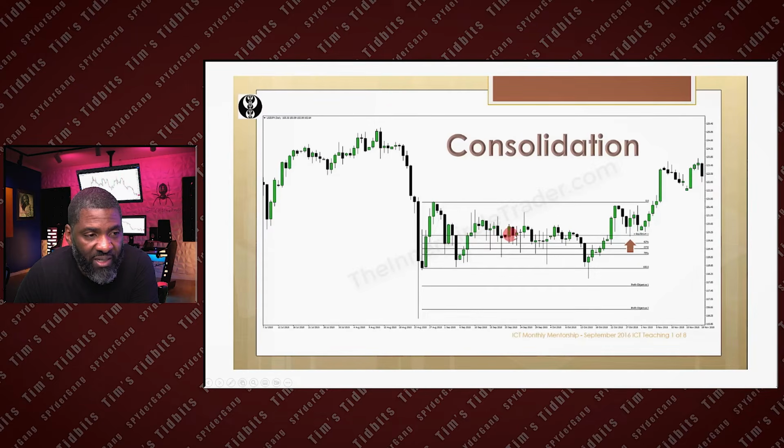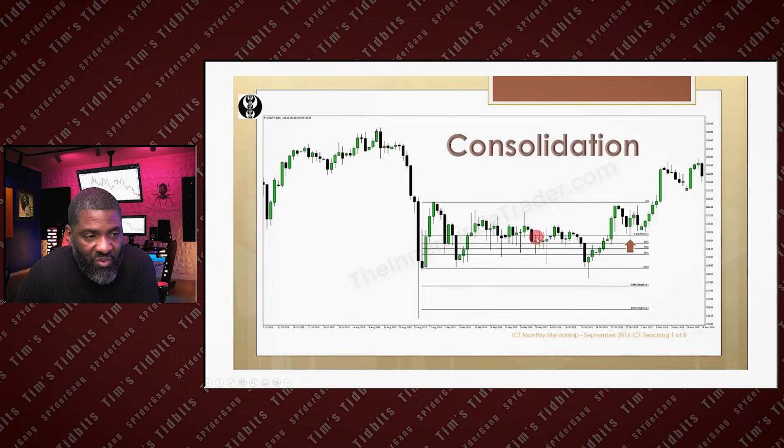Now look at what price does at the equilibrium. Every time it gets to equilibrium, it took off to the bottom. Came back to equilibrium, took off to the top. Came back to equilibrium, took off, back to it, stayed there a little bit, took off, back to it.